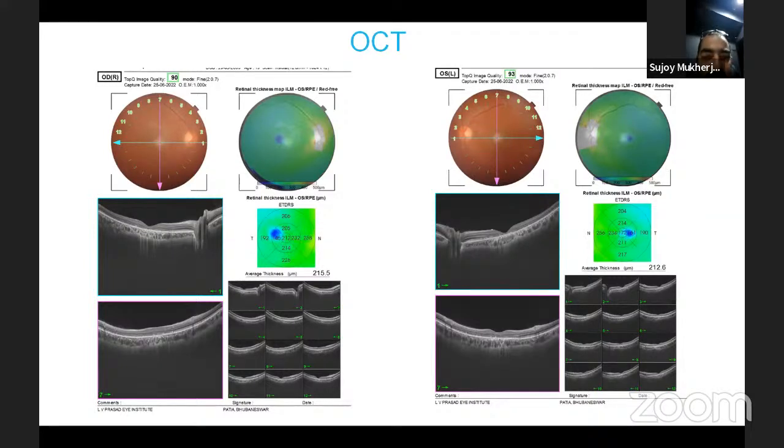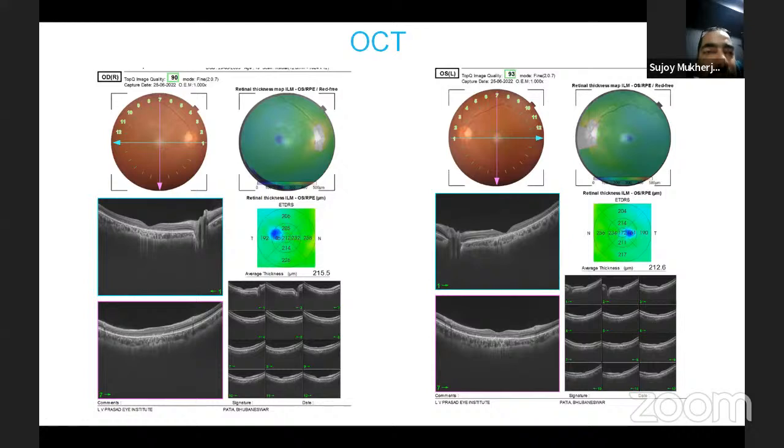Now, if we again look at that OCT scan, one shows a 1, another shows a 7, on the left hand side of the left eye scan image. There are some points to be considered, starting from the first one: the vitreoretinal interface. We do not see any reflectivity there, so that is a normal vitreoretinal interface.